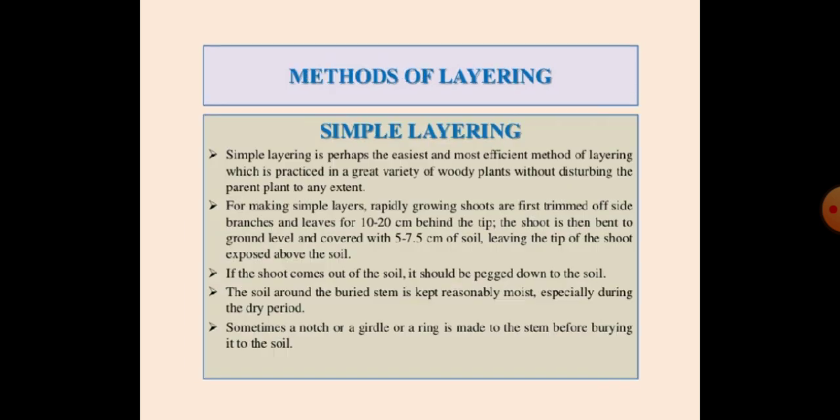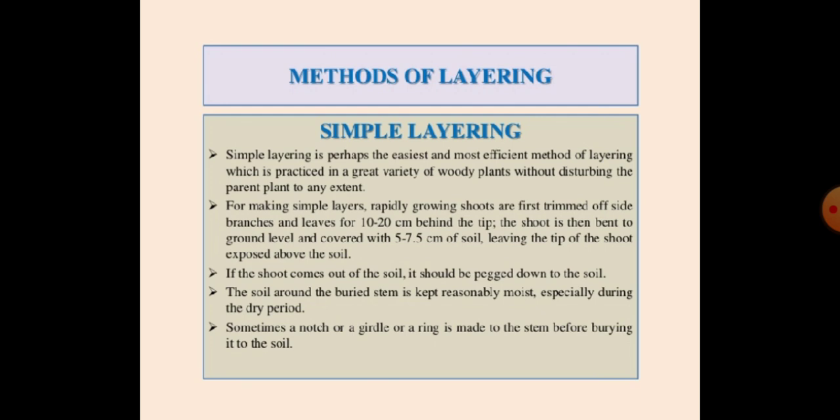Another one, methods of layering. Simple layering. Simple layering is the easiest and an efficient method, which is done without disturbing the parent plant to any extent. For making simple layers, rapidly growing shoots are first trimmed of side branches and leaves for 10 to 20 cm behind the tip.